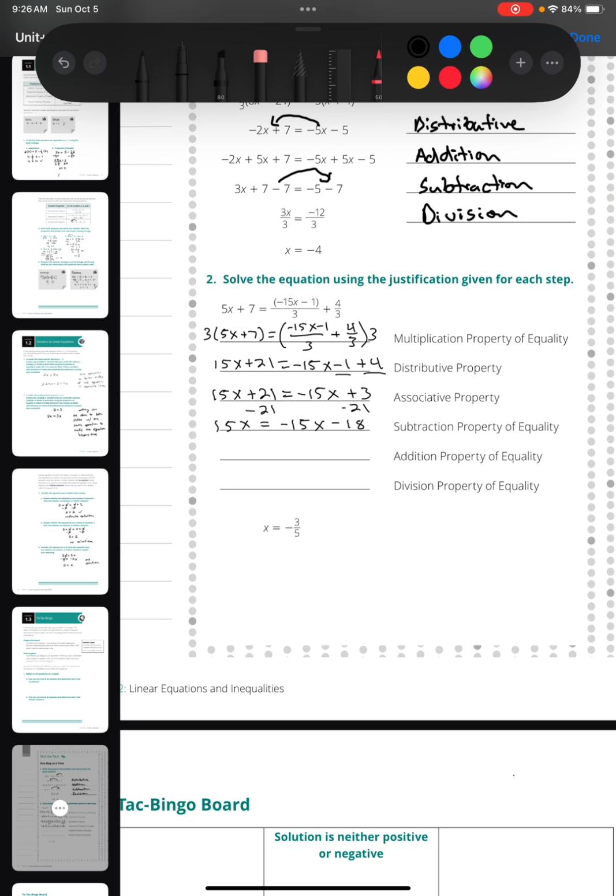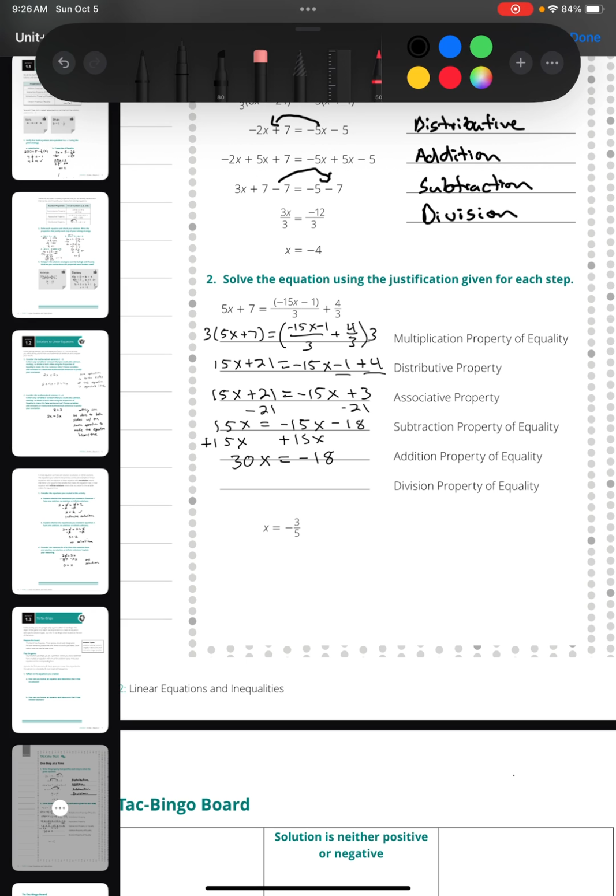Now the addition property. That's why I moved the 21 first, because the addition property was going to move the variable. So plus 15x. But that order would not have mattered. You could do either step in any order you want. So if we add the 15x, we're going to end up with 30x equals negative 18.